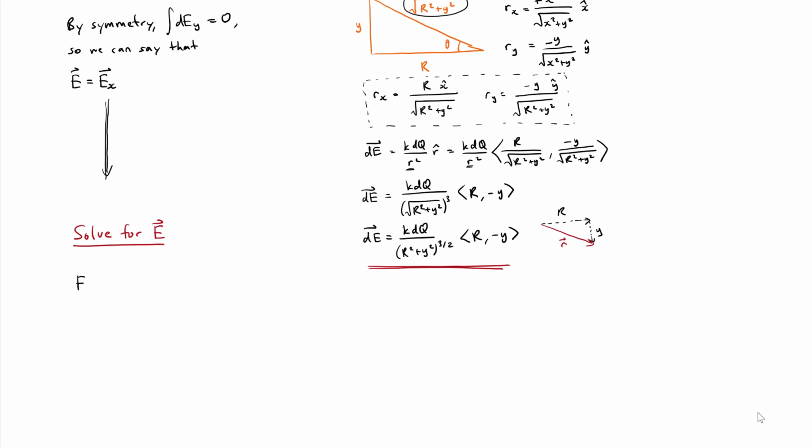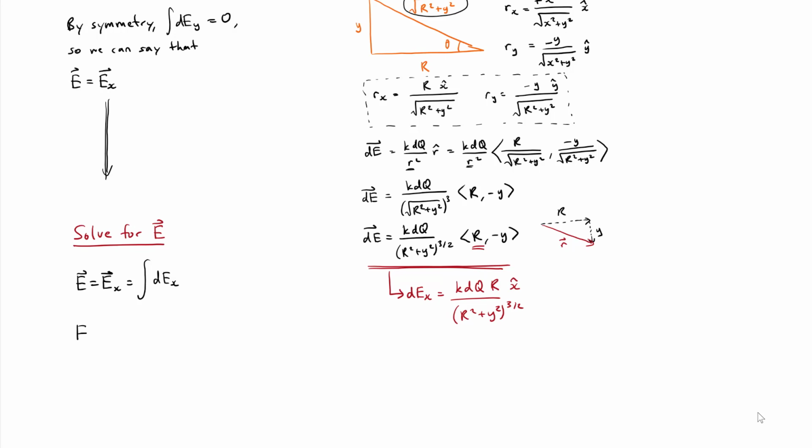So now we can say E is equal to Ex, which is equal to the integral of dEx. So if I just want to take a look at dEx, dEx is equal to only the x component here, which means I have k dq, and I can take out the r in the x direction, divided by r squared plus y squared to the 3 over 2. And this is what we'll use for our integration.